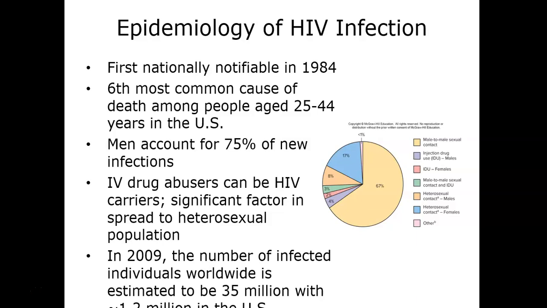We've mentioned already that the significant factor is spread through heterosexual sex. Also, IV drug users can be impacted as well. In 2009, the number of infected individuals worldwide was about 35 million, with 1.2 million in the US. We mentioned that most of the cases are found in sub-Saharan Africa.